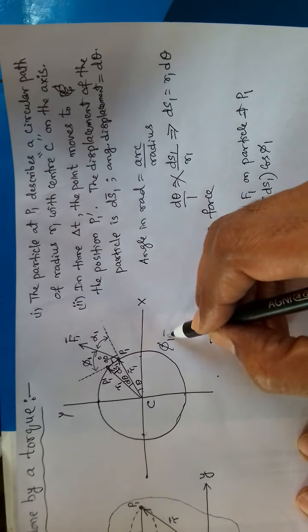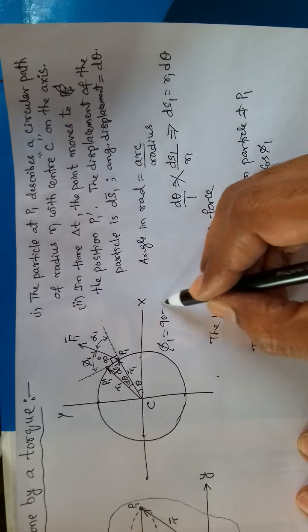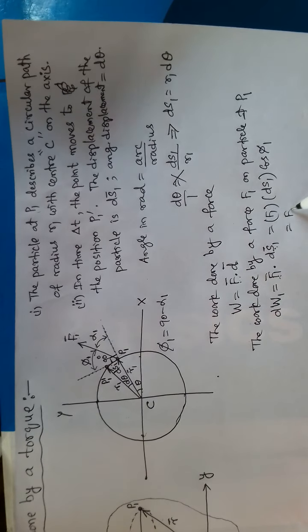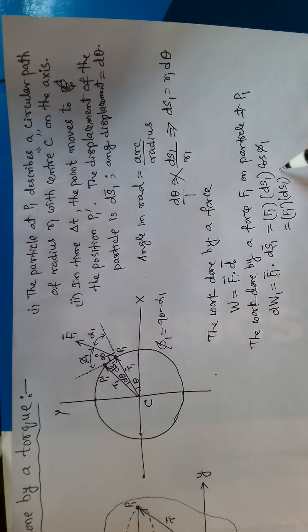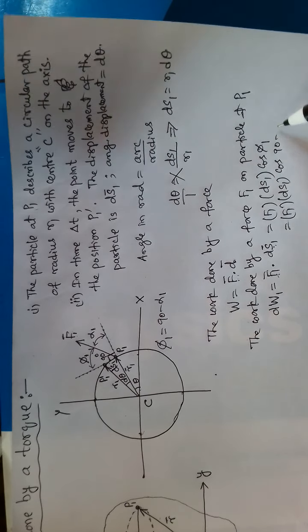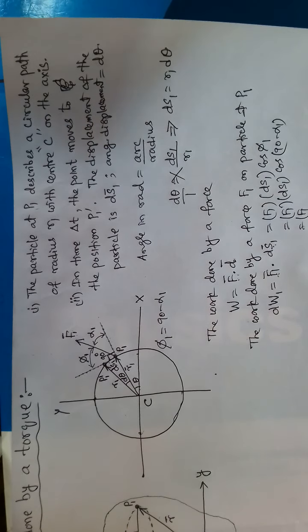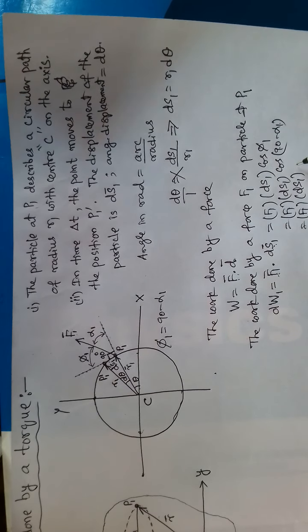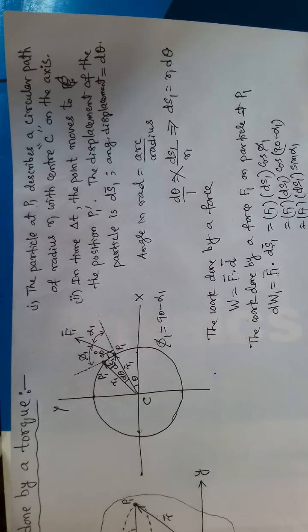Phi 1 can be written as 90 degrees minus alpha 1. So here let us write F1 ds1 cos, here in place of this 90 minus alpha 1. So we get F1 ds1 cos of 90 minus alpha, which means sin alpha 1.